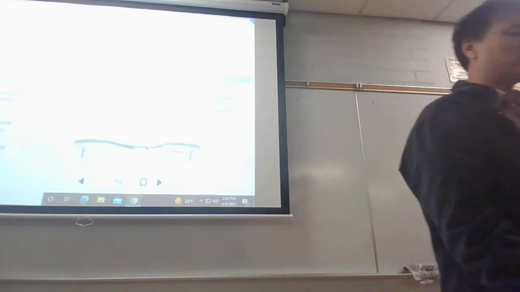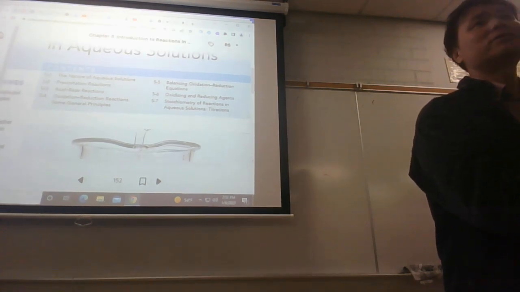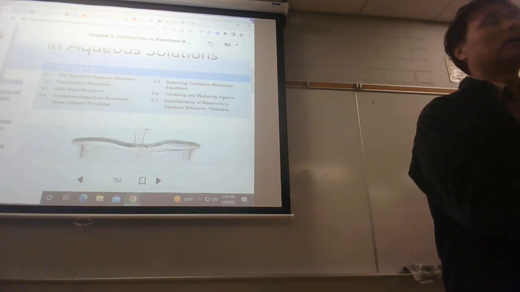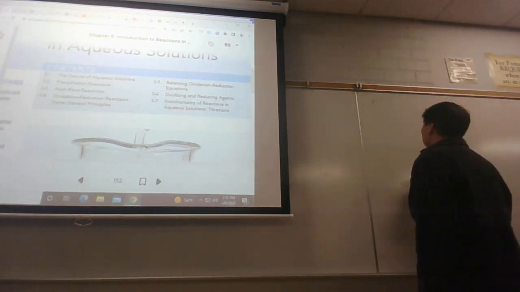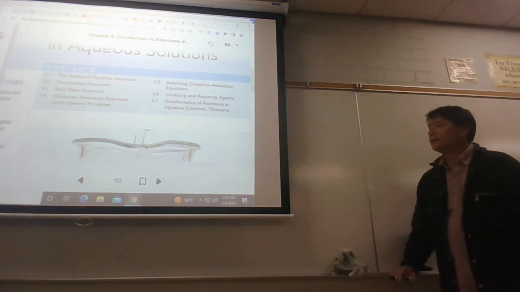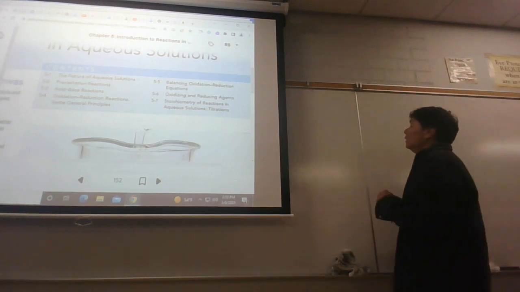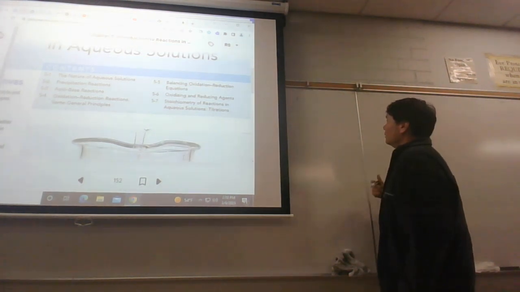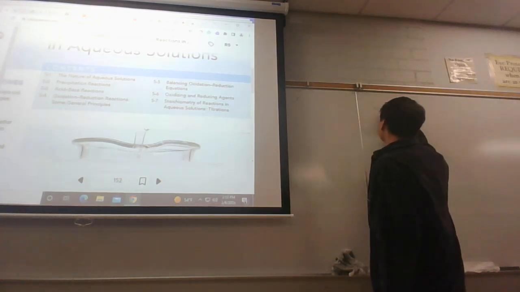And so there are two things we ask ourselves when something dissolves in water. One, is it soluble? Will it dissolve in water? And so we can talk about that first. And then two would be electrolyte properties. And so let's take a look at solubility.